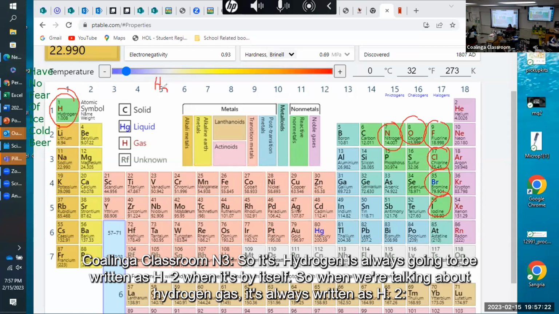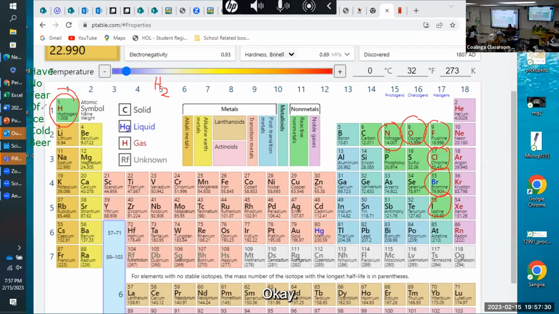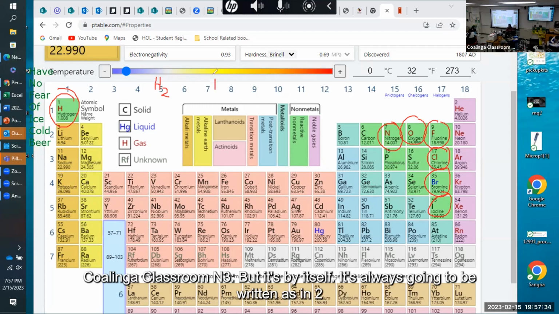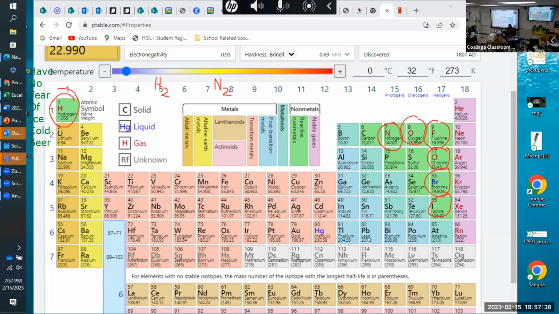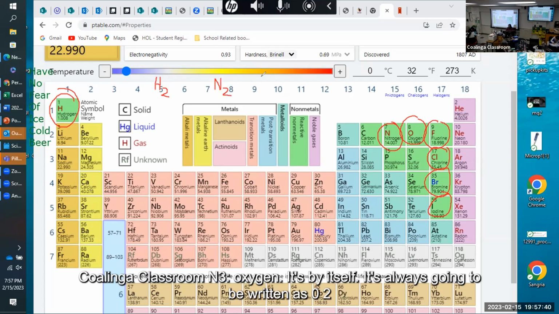So have no fear, have hydrogen. Hydrogen is always going to be written as H2 when it's by itself. When we're talking about hydrogen gas, it's always written as H2. Nitrogen, when it's by itself, is always written as N2. Oxygen, by itself, is O2.